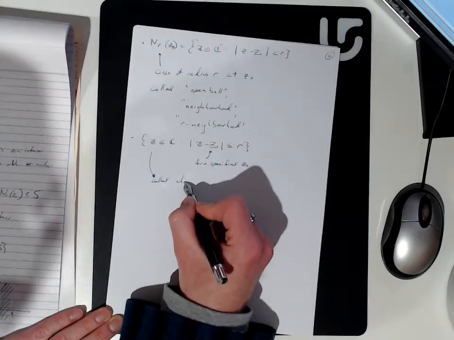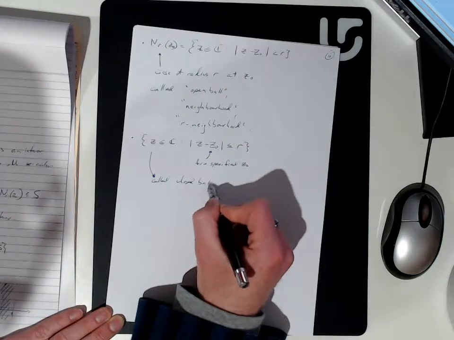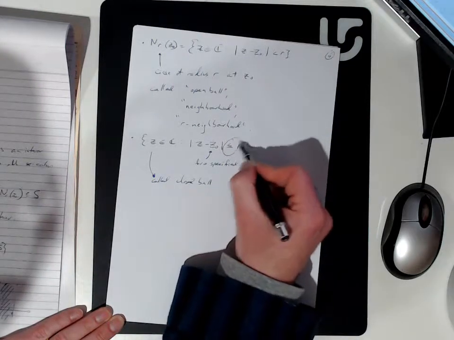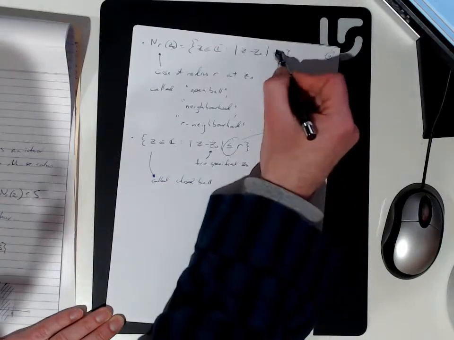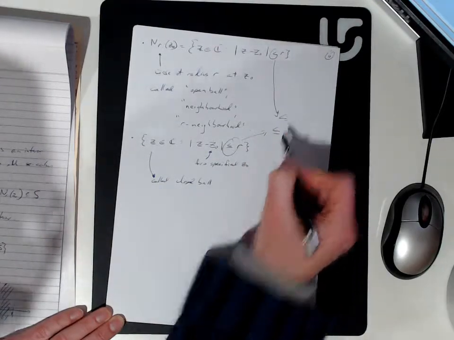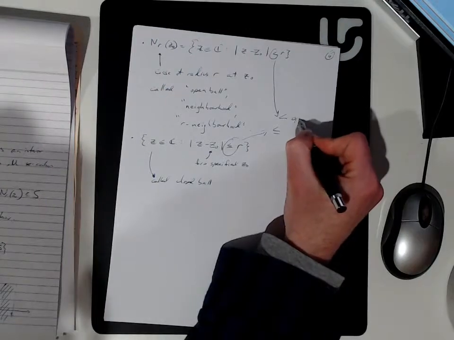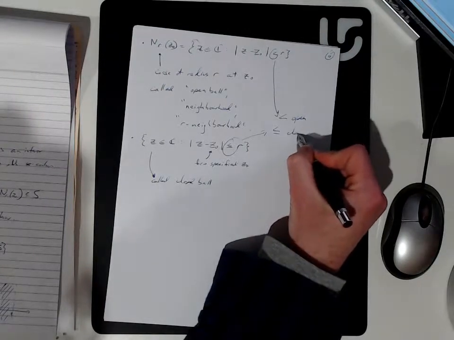So this is called a closed ball. This one is less than or equal to, and this one is less than. Open, closed.